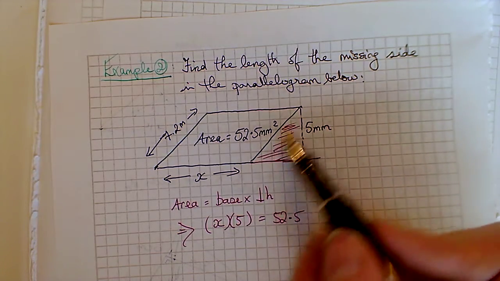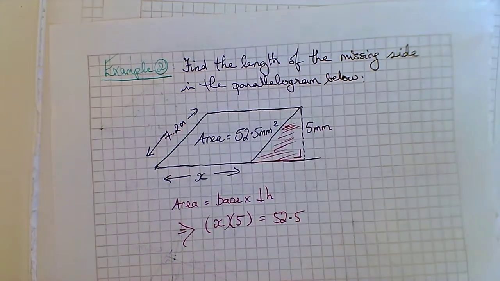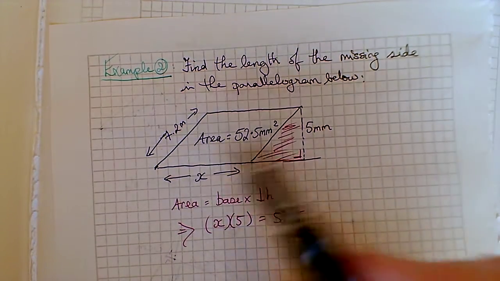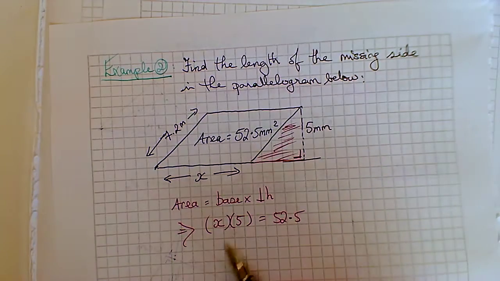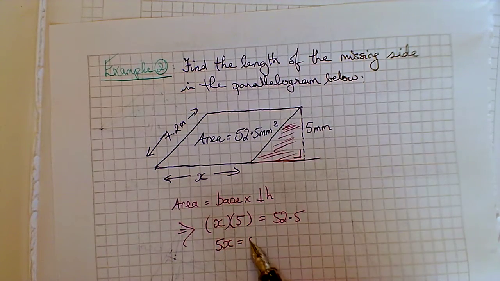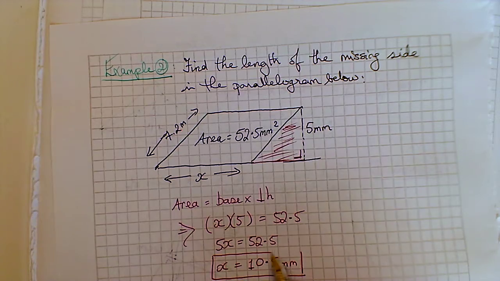So if I know this distance, I can find this distance here. Anyway, for this question, and this can happen, you can be given more information than you need to use. So 5x is equal to 52.5, and x, my missing side, is 10.5 millimeters. And that's my answer.